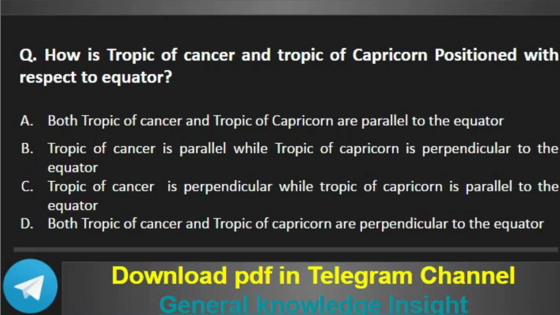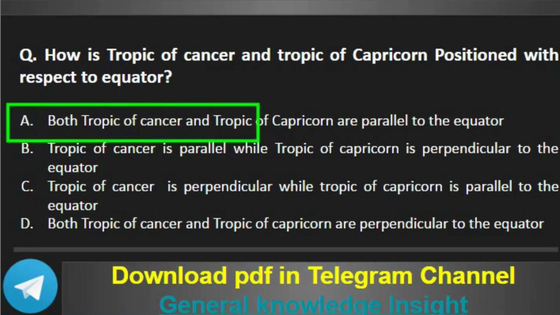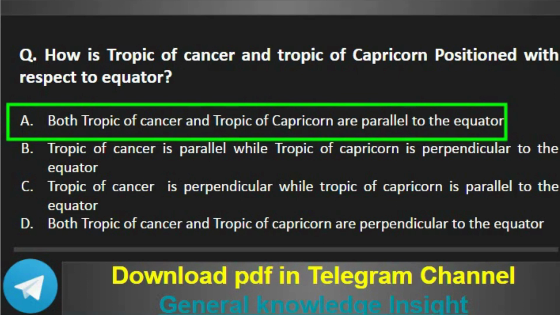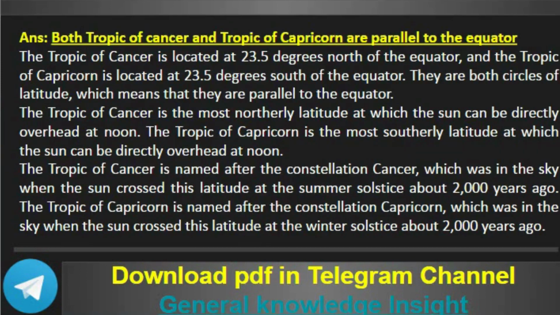Next question. How are the Tropic of Cancer and Tropic of Capricorn positioned with respect to the equator? Here, the correct answer is option A. Both Tropic of Cancer and Tropic of Capricorn are parallel to the equator. Here in brief explanation, the Tropic of Cancer is located at 23.5 degrees north of the equator, and the Tropic of Capricorn is located at 23.5 degrees south of the equator. They are both circles of latitude, which means they are parallel to the equator.